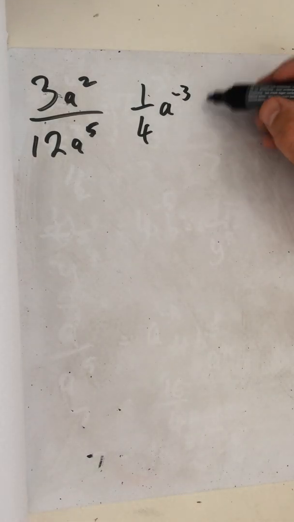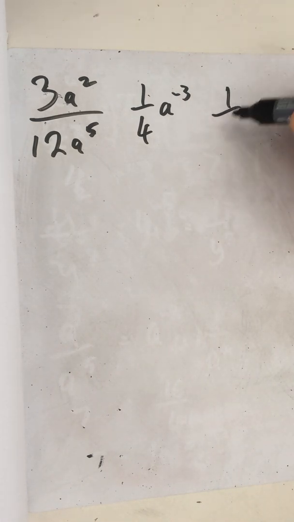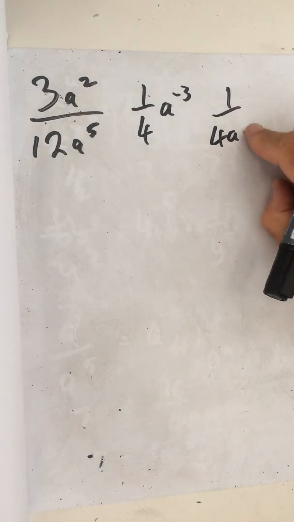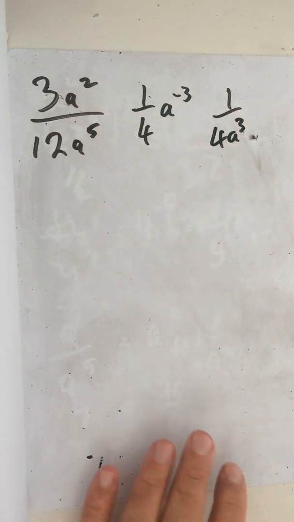When we put this into our fraction, we're just going to keep that 1 on the top, and 4a to the power of 3. We're losing the subtraction sign, aren't we?